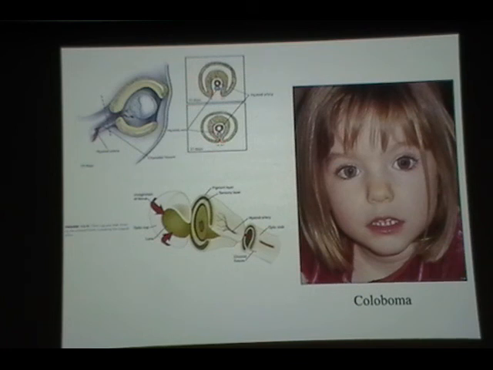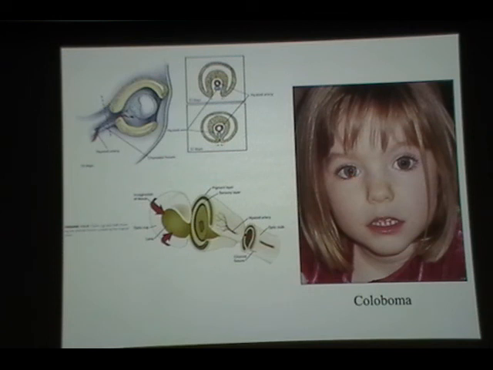That space can lead to a deficit in formation of the iris, deficit in formation of the retina. So that little cleft in the iris can actually extend back into the retina and cause vision issues. In a lot of cases, it's just sitting out here in the iris.